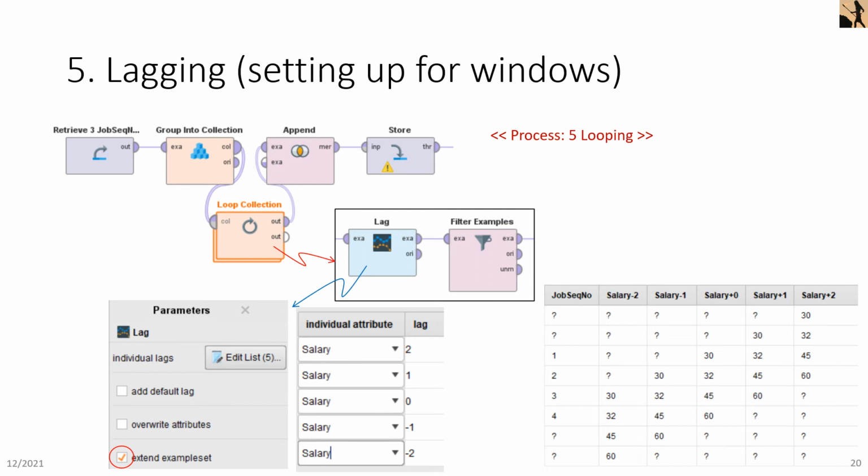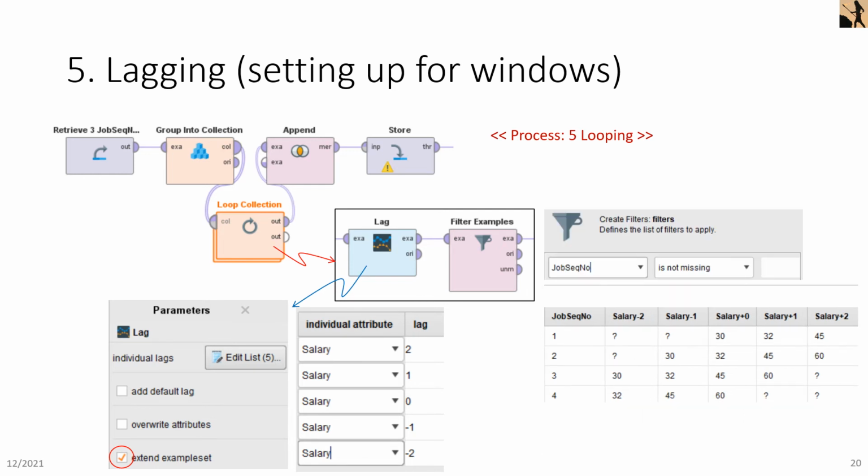For example, you may like to use the previous values as your observation, as your additional attribute to look at, and then forecast some values like in time series analysis. So you can all use tables like this, right? And so you can just filter out, like the job sequence ID, if that is a missing value, just throw it away. So here I get these 4 records, right?